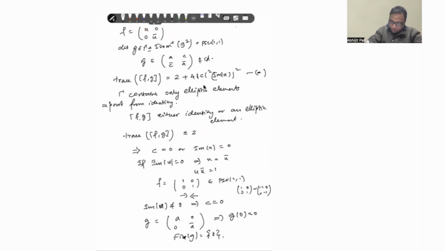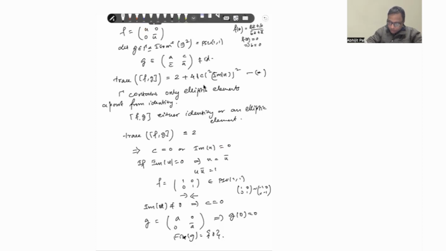Okay, so f fixes 0, and f(z) will be of this form. Because f(0) is 0, this will imply that b is equal to 0.